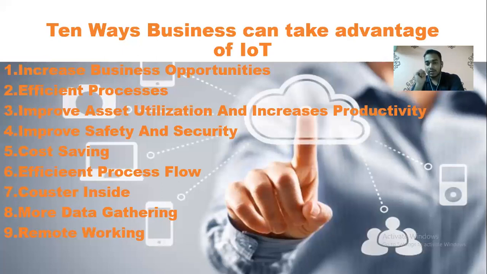If you want to operate those processes remotely, then you must install IoT technology into your business. Remote working means automatic working. A single person can handle all of these things in your business.